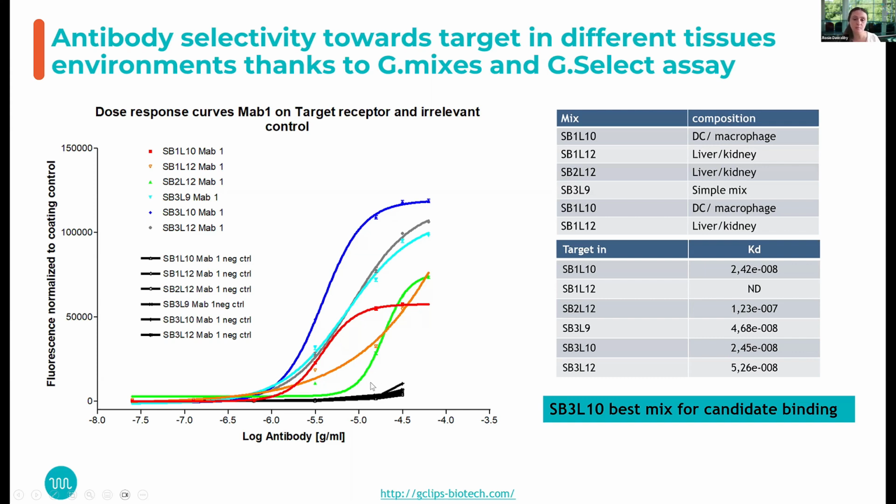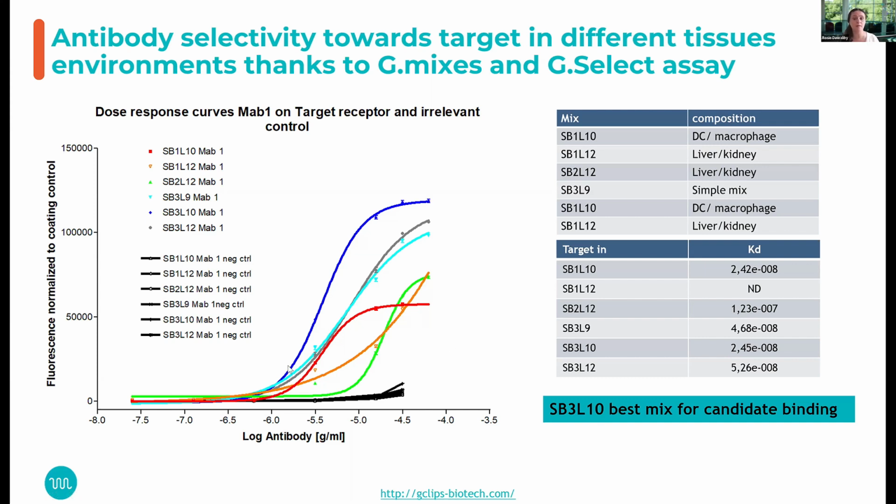The negative controls are the black curves here, so it's quite negative. But what was really striking is that depending on what you used as your protein, your target, the result of the dose response was very different in terms of IC50, but also in terms of Bmax, the maximum response.